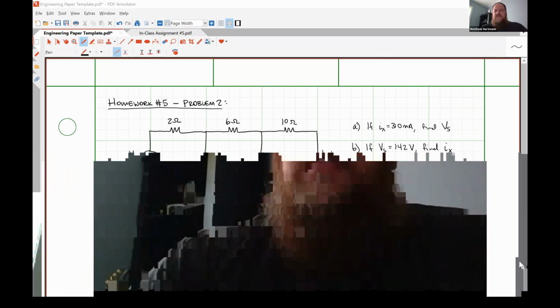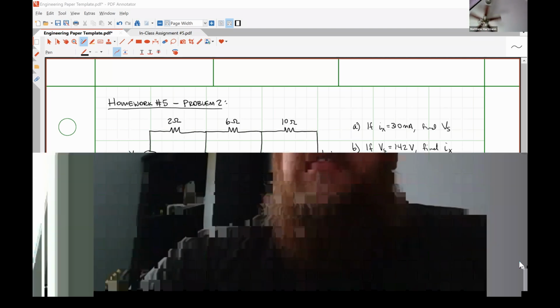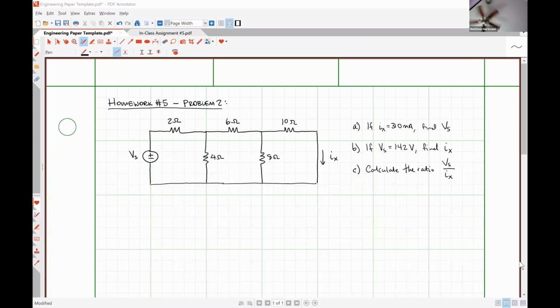So hopefully you all can see the problem that I have down. We're asked to effectively look at the circuit in three different ways. For part A, we're told that if the current Ix is 310 milliamps, to find the voltage Vs on the left-hand side of the circuit.